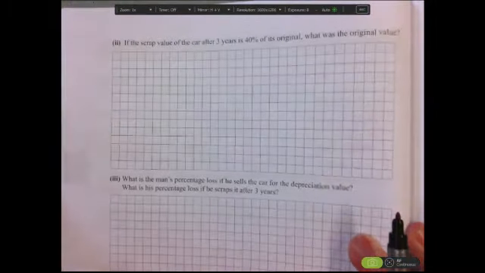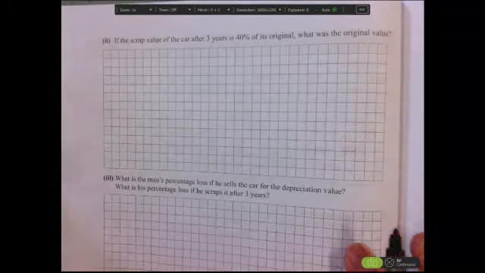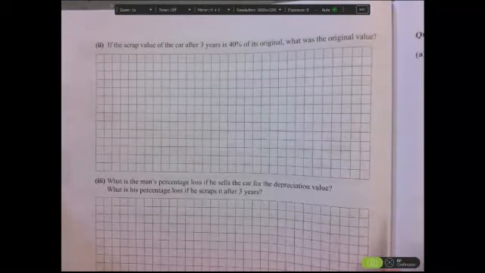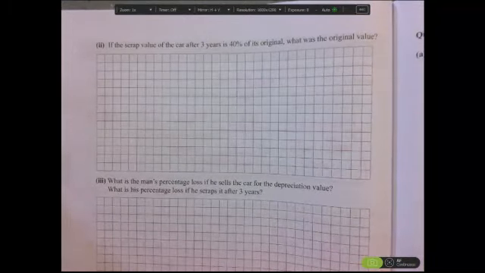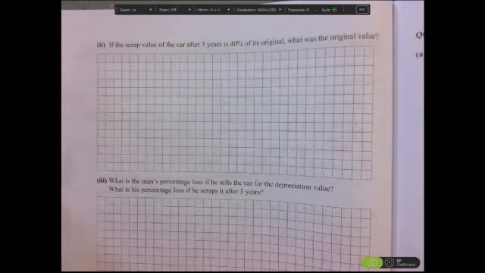Okay, so next part of the question says, if the scrap value of the car after 3 years is 40% of its original, what was the original value?